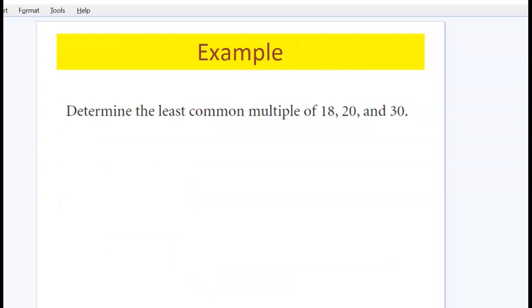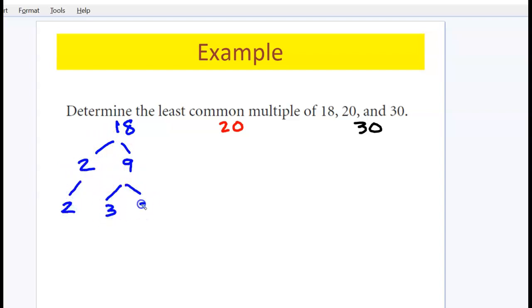Let's say we're asked to find the least common multiple of 18, 20, and 30. And again, we're going to use our prime factorization skills. So we'll get 3 different colors here. And first of all, we'll do the prime factorization of 18.